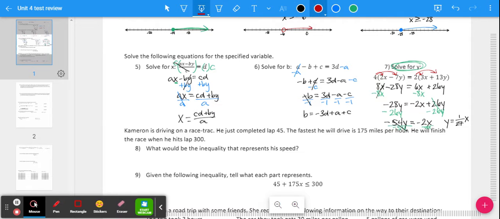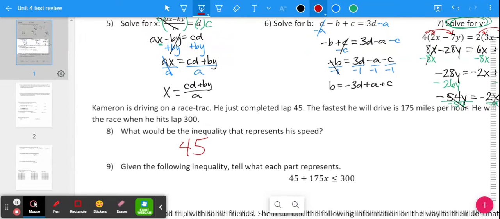So we already know that he's beginning this race at 45 laps. We know he's going 175 miles per hour. We don't know how many laps he's done, but we want to know if he will be able to finish when he hits lap 300.